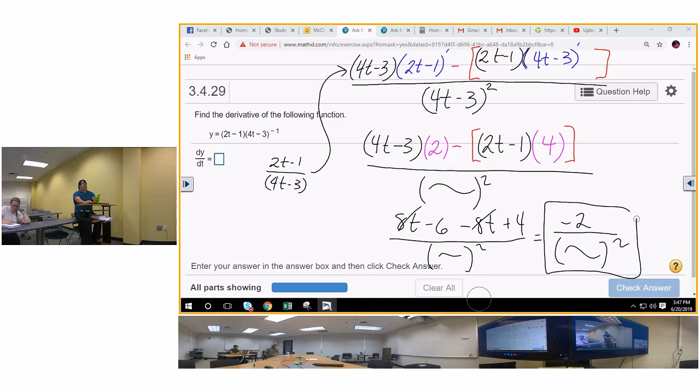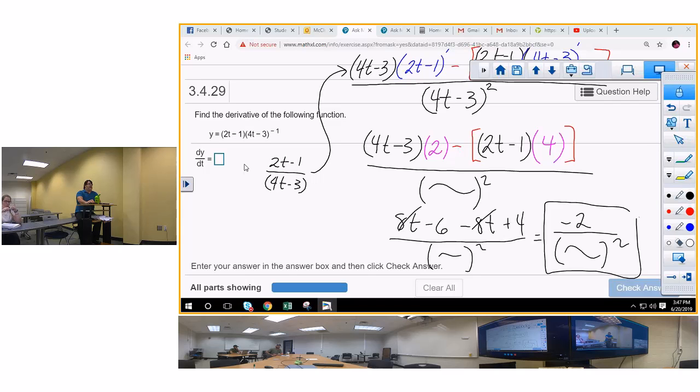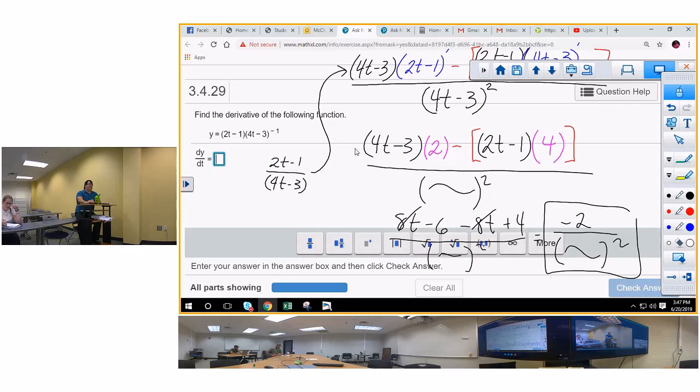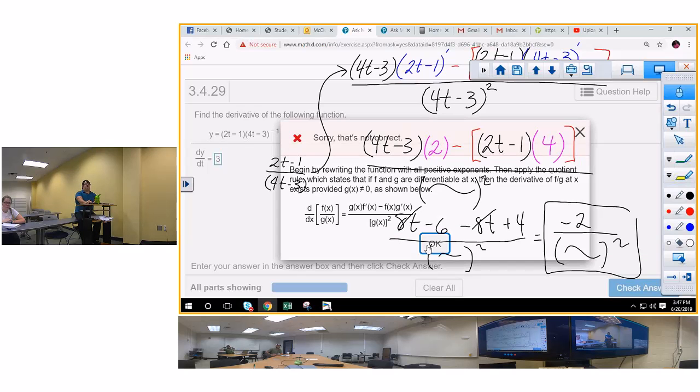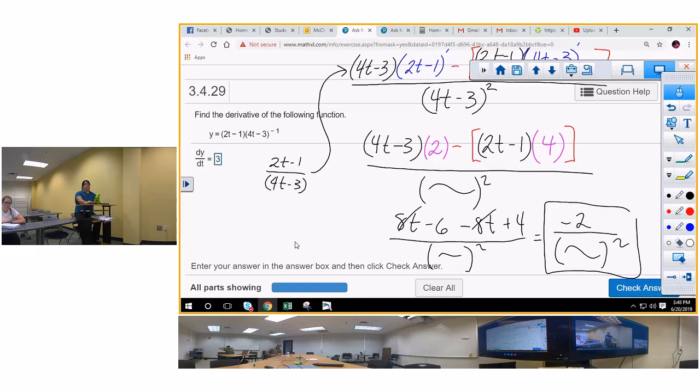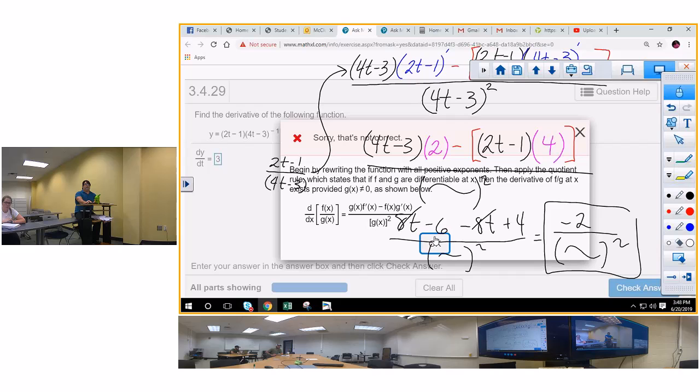Now, some of you may think the quotient rule was easier. Sometimes it is, sometimes it's what? Sometimes it's not. Anybody got questions on these two that we did? Let's check to see if we know what we're doing.